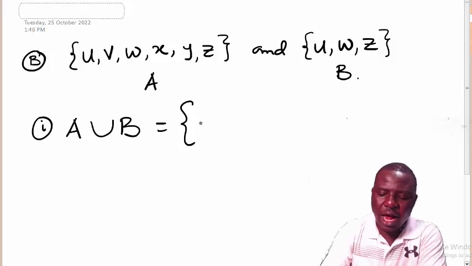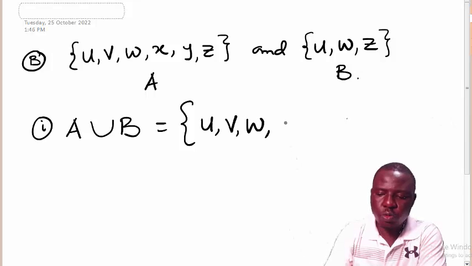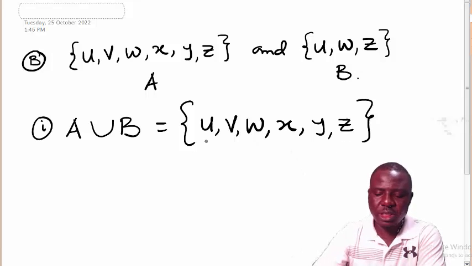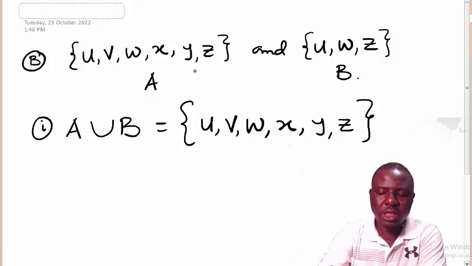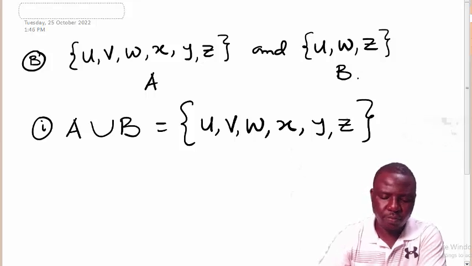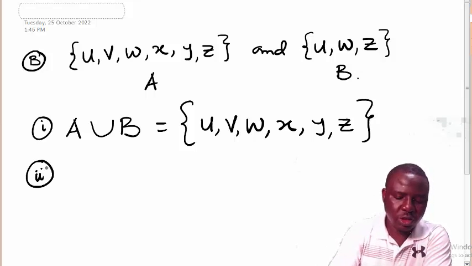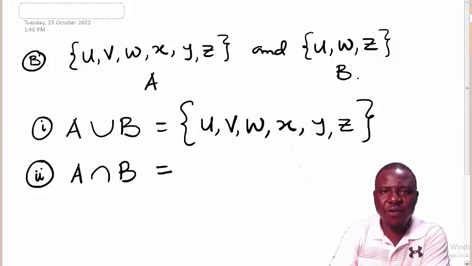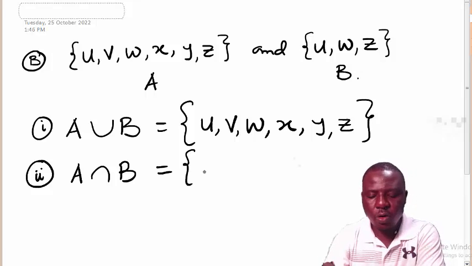And if you look at it, we have U, V, W, X, Y, and Z, which is also equal to set A. If you look at the sets in this union, the set of elements in the union of A and B are said to be in A or B. While the intersection of these two sets, just like I said in the previous example, is said to be those sets of elements that can be found in A and B only.